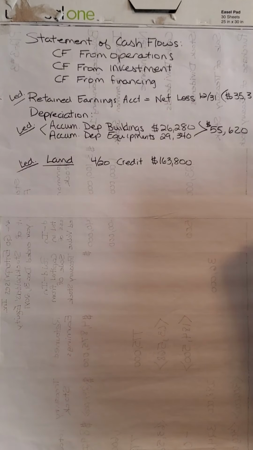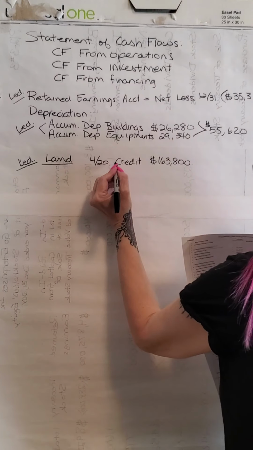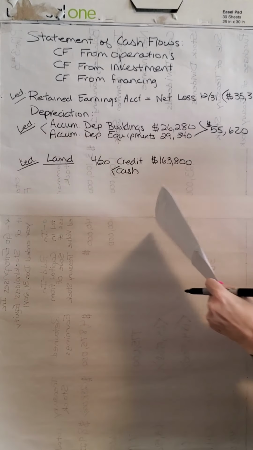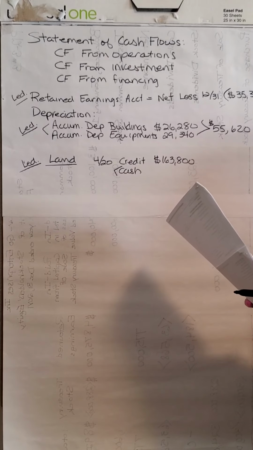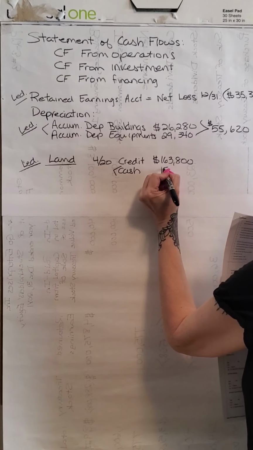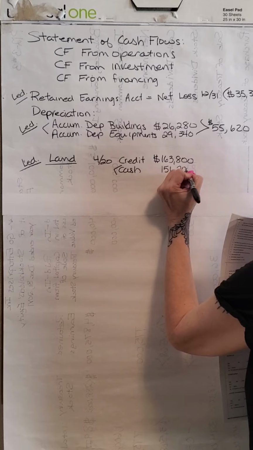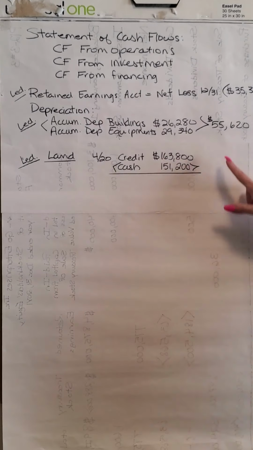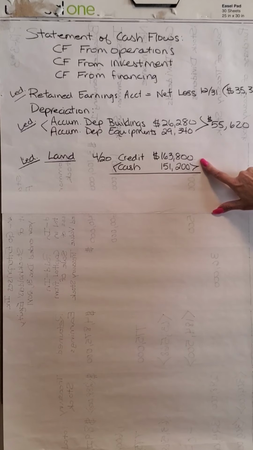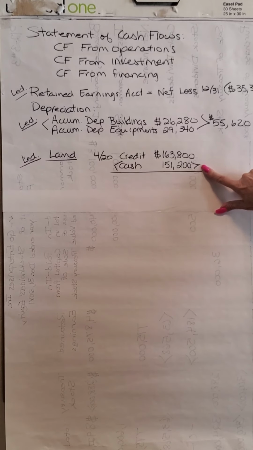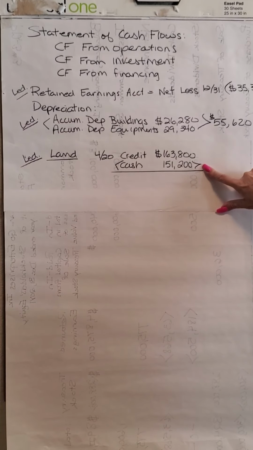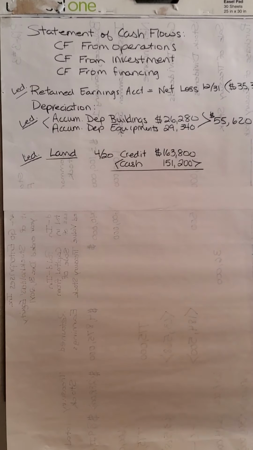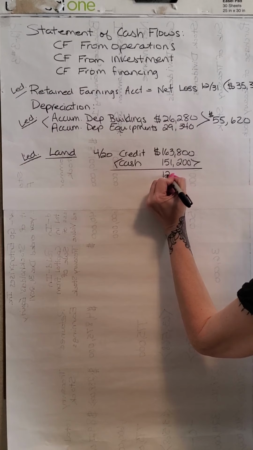They told us that they realized, so they received cash, a total of $151,200. So basically the book value of the land was $163,800. We received $151,200, which resulted in a loss on the sale of $12,600.